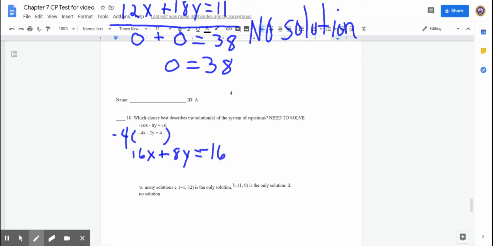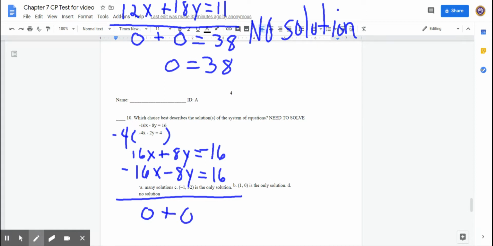Now I'm going to copy that first equation down right underneath the new equation I just did. Now I'm going to add. -16x plus 16x is 0. 8y minus 8y is 0. -16 plus 16 is 0.